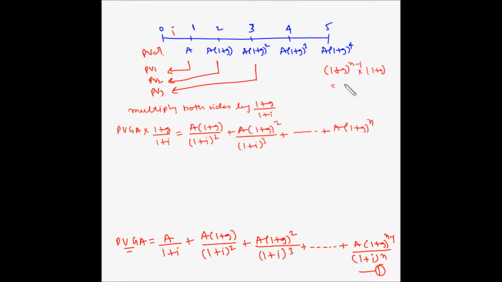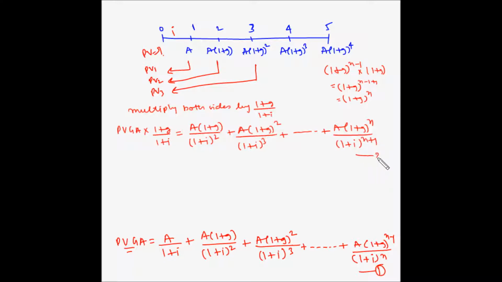So this becomes 1 plus g to the power n minus 1 plus 1. This is equal to 1 plus g to the power n divided by 1 plus i to the power n plus 1.